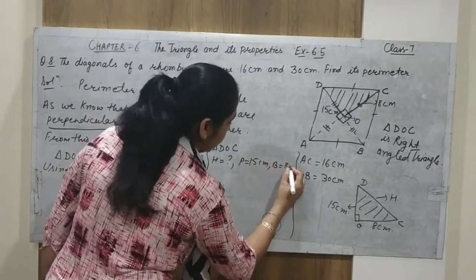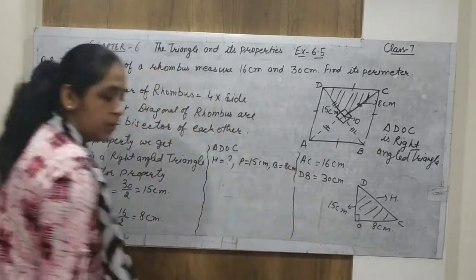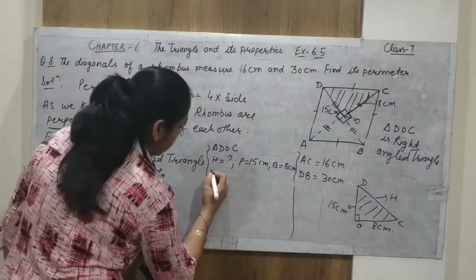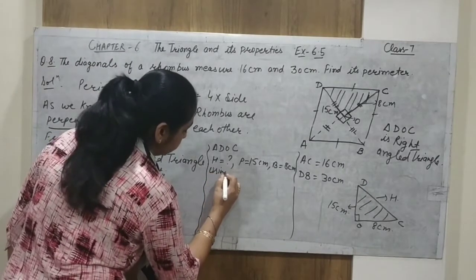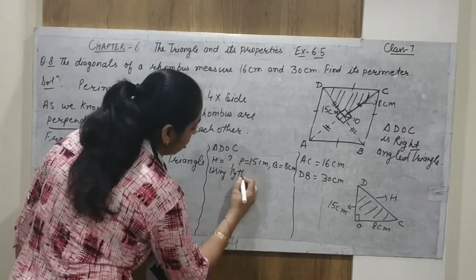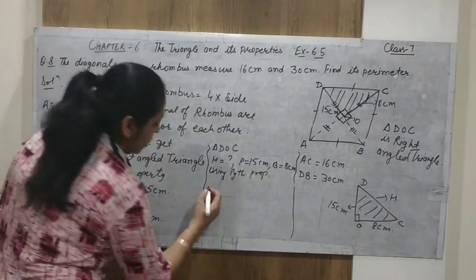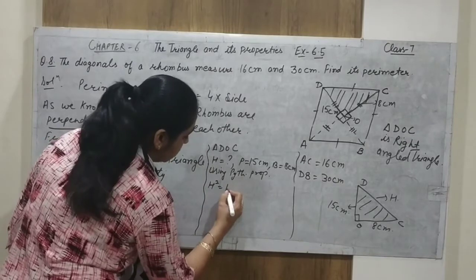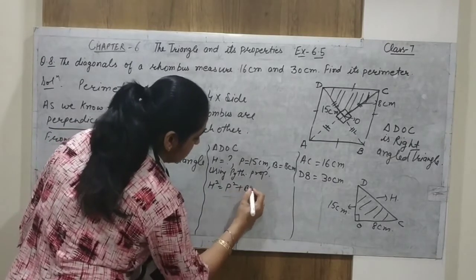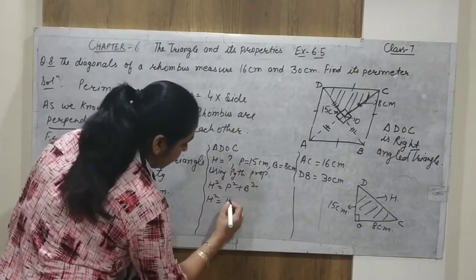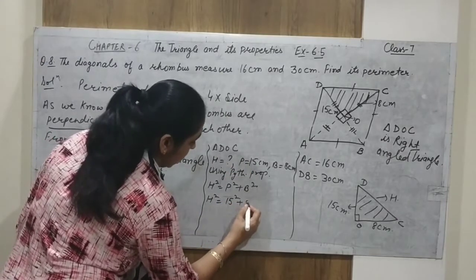That is 8 centimeter, in a right angle triangle. So using Pythagoras property, what we get here? H square is equal to P square plus B square. That is H square is equal to 15 square plus 8 square.